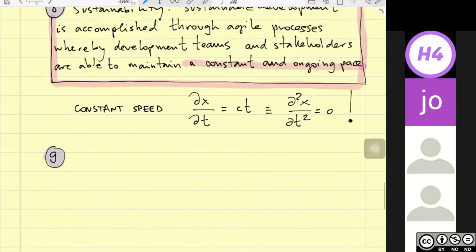Number 9 is we need focus on excellence and design. This means, what is excellence?